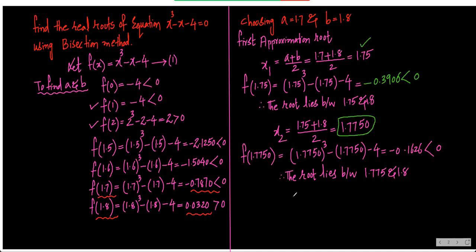Then we can go for the third approximate value, that is x3, 1.775 plus 1.8 divided by 2. Tell me the answer. And I think this problem will not be completed in this session because this meeting will be closed soon.